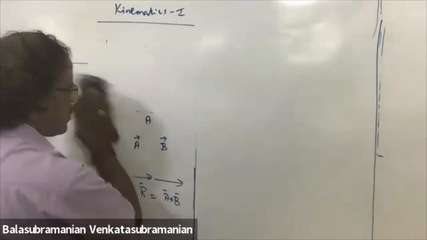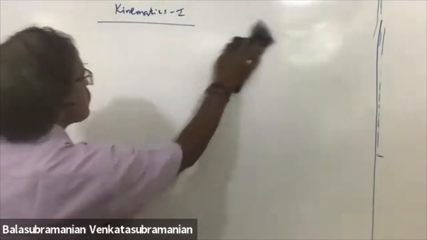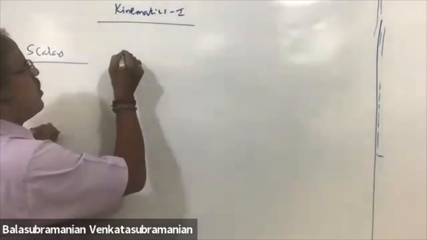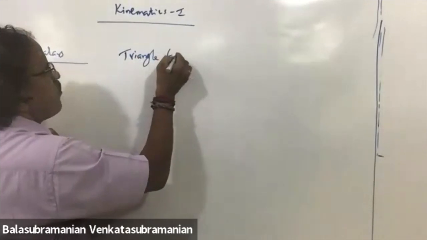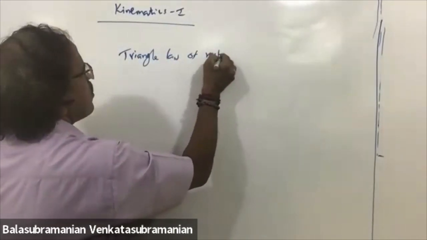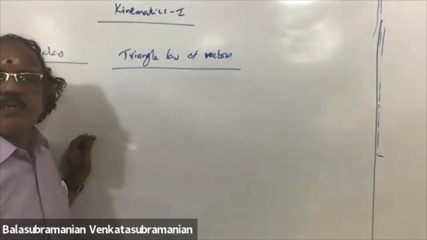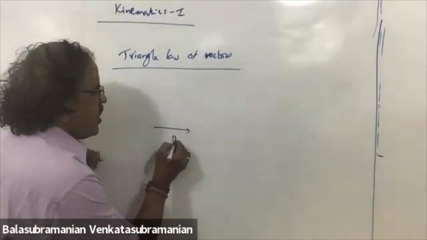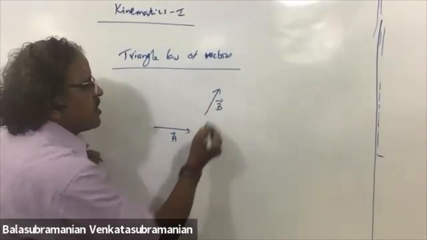This is called subtraction of vectors. Triangle law of vectors. In this case, suppose I have a vector A and another vector B. This is the representation.